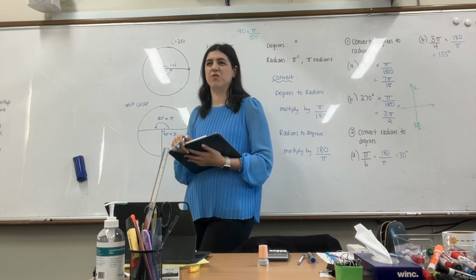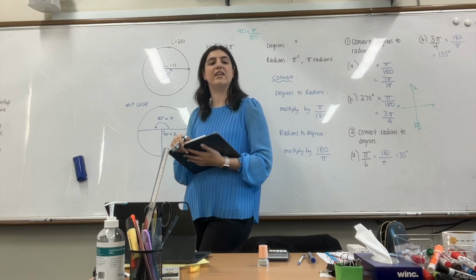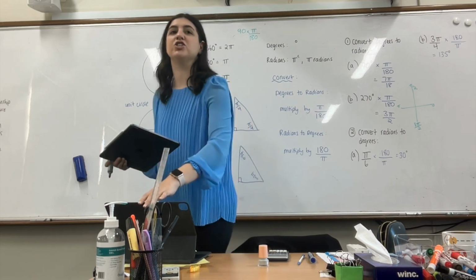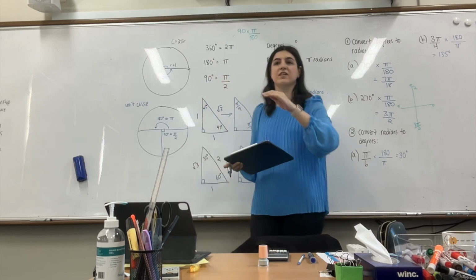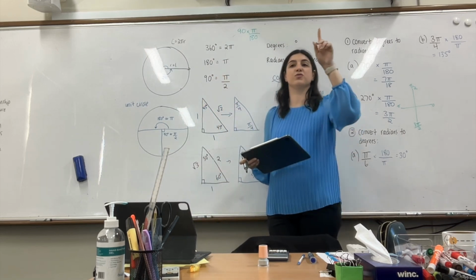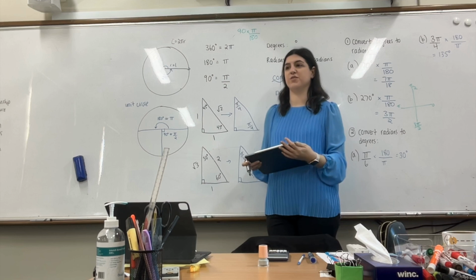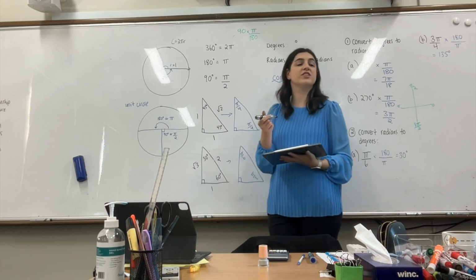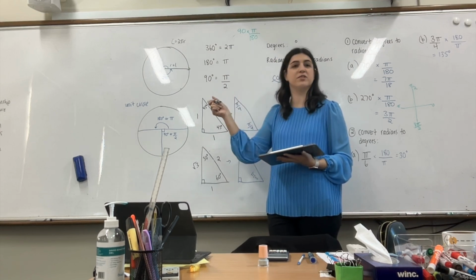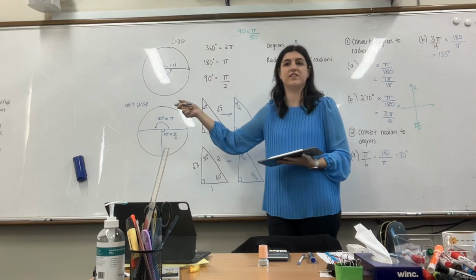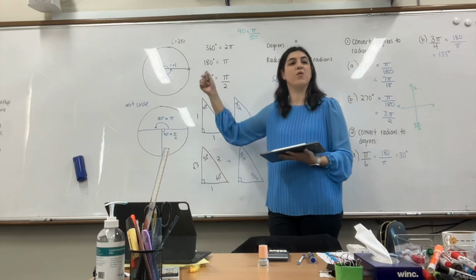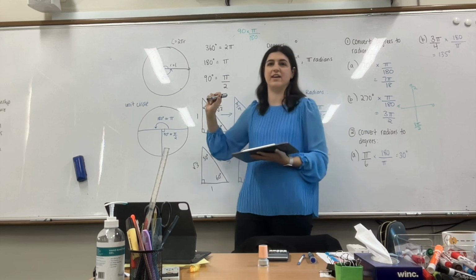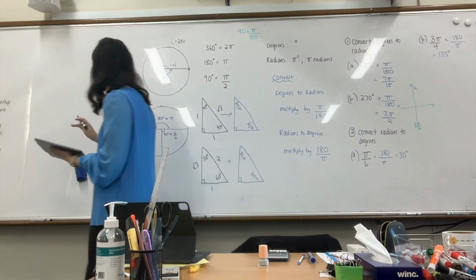It probably is more relevant for us, but radians are more common in engineering, where you're having negatives and positives, and when we do trig graphs it's also quite nice to work in radians. But to be frank, degrees is probably what we normally use. I also suggest a lot of students, when they're doing these types of questions, convert everything into degrees, work in degrees, then convert it back at the end. So it's completely up to you.